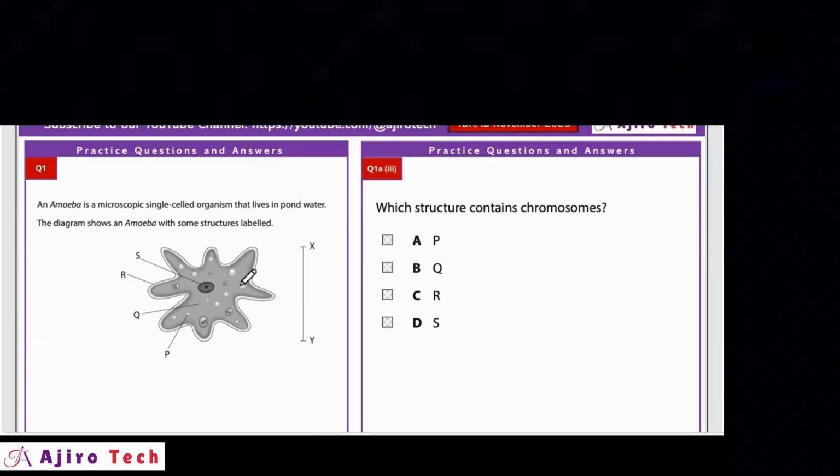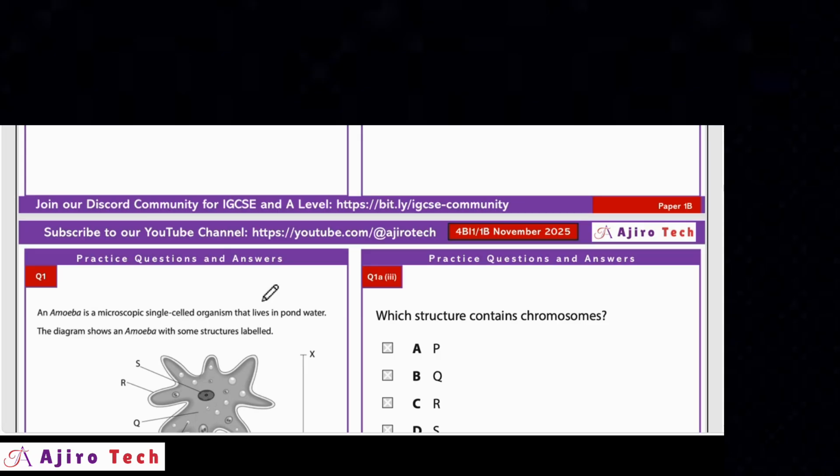The next question says, which structure contains chromosomes? Remember that in our first question, we identified the structure labeled as the nucleus, and we know that chromosomes can be found there. You remember I said something in that question about absorbing a lot of stain.